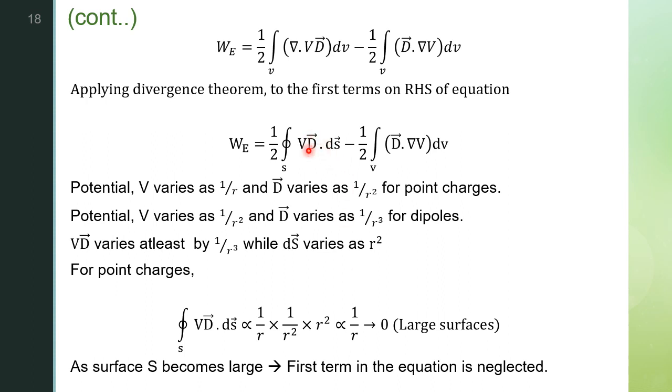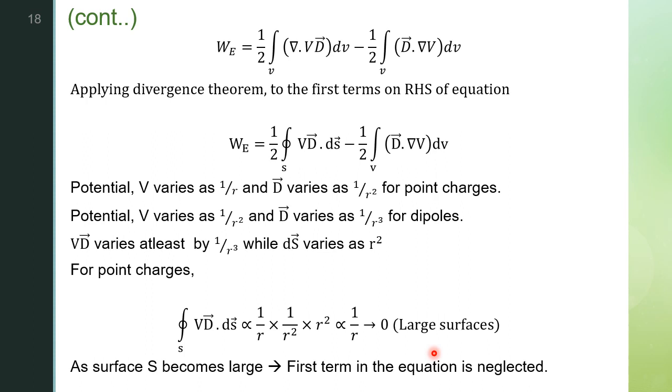So if you consider this term, the integral over S of V D dot dS will be directly proportional to, at a minimum, if you consider a point charge, 1 by R into 1 by R square, and area will be proportional to R square. So it will be inversely proportional to R. And as R tends to infinity, that is if you are considering large distance, then this term tends to 0.